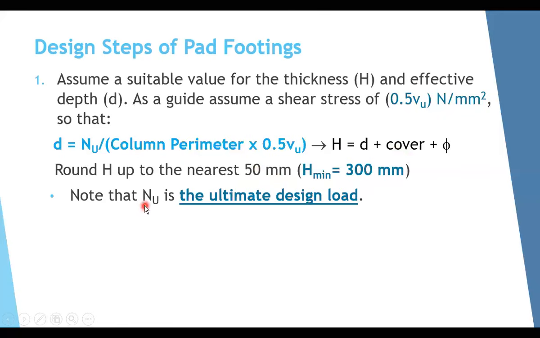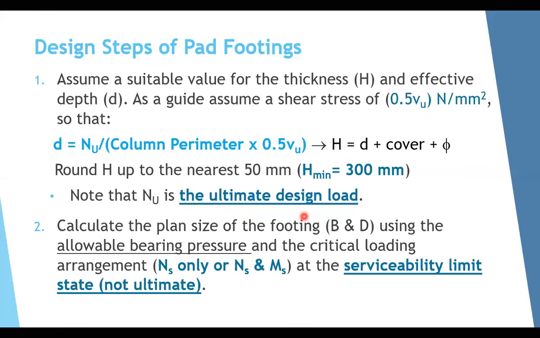But again, I'm concentrating here on H at this first step. To calculate the H, we use the N ultimate as the ultimate design load, ultimate limit state. So it equals the N service multiplied by the load factors. The second step, once you have the H, you can calculate the plan size of the footing, the B capital and D capital.